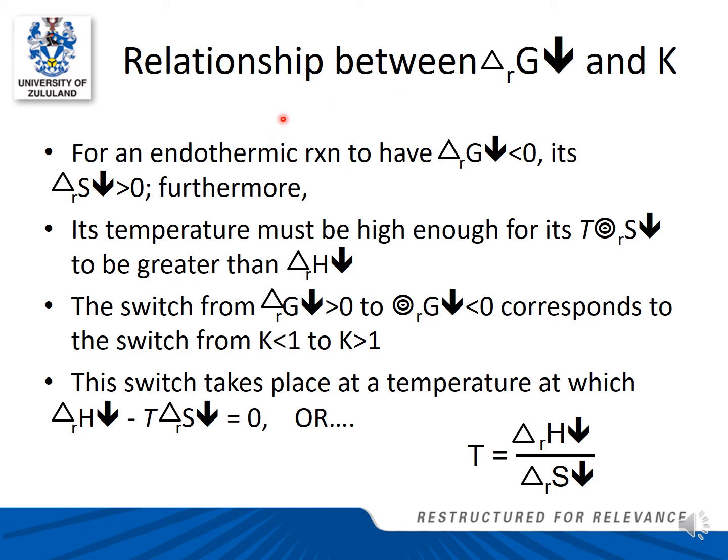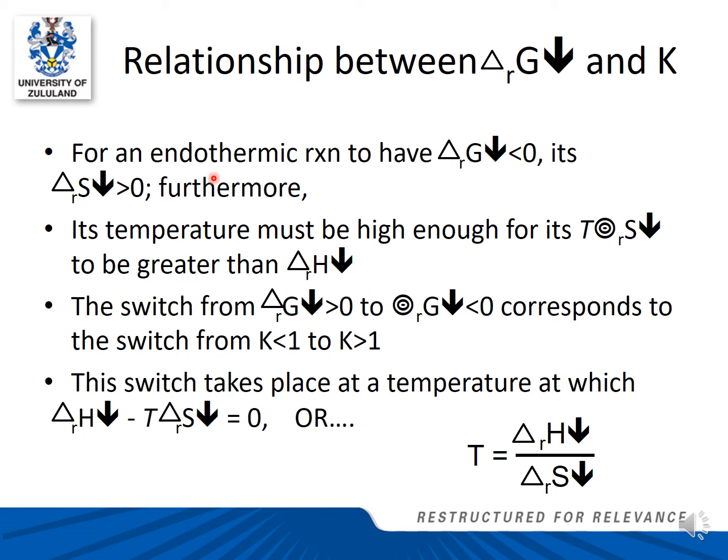Endothermic reactions are those that normally absorb heat from the surroundings. In the case of an endothermic reaction, if you want the reaction Gibbs energy to be less than 0, then for this condition to be possible, the entropy change of that system must be greater than 0.